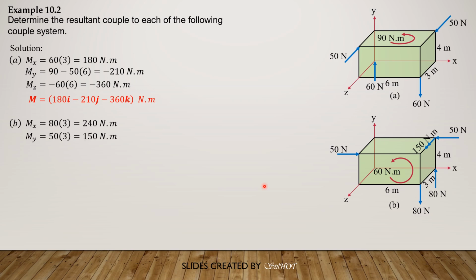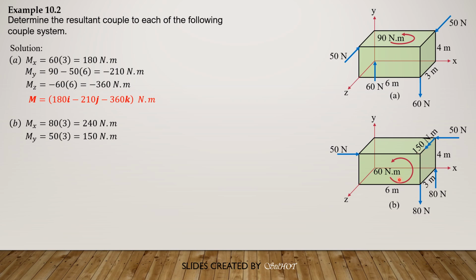150 Newton meter. Then moment about the z-axis: the 80 forces constitute a couple about the x-axis, so this is about z, this is about z, and this is positive 150 Newton meter about z.